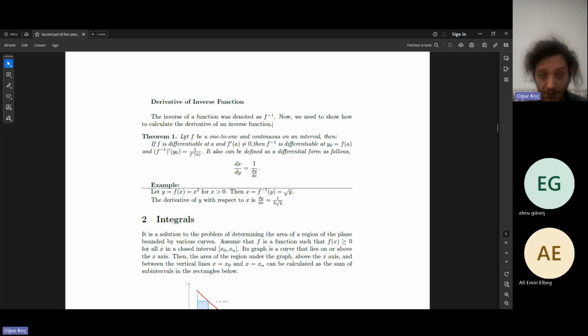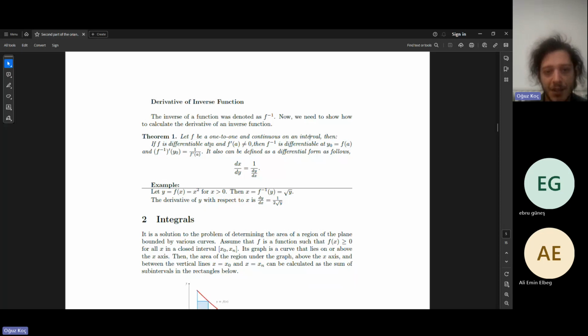For this, we have a theorem, but the proof is not included in this orientation lecture. We have a function f that satisfies the conditions of being 1 to 1, and it is continuous on the interval.